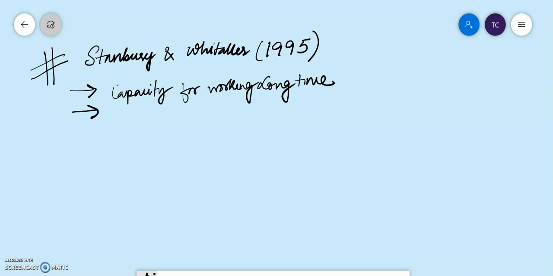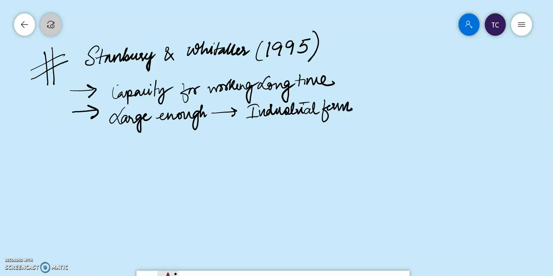Next, it should be large enough to carry out industrial fermentation.